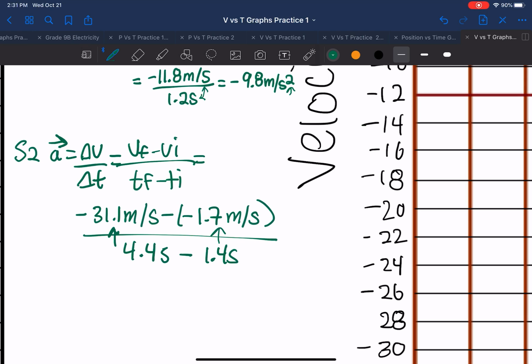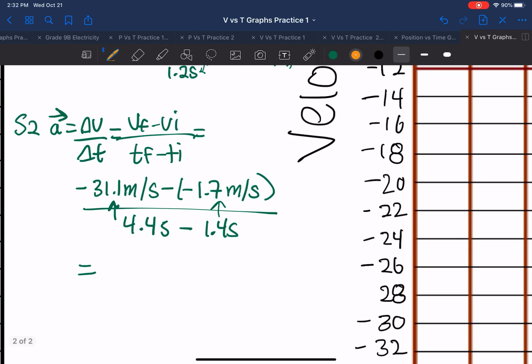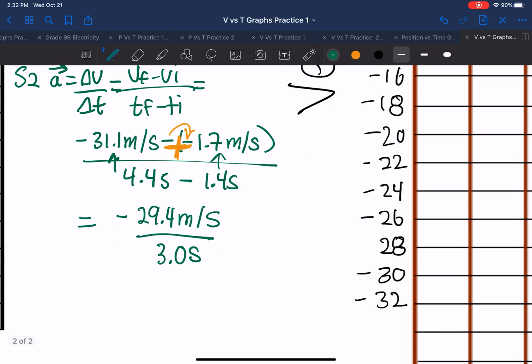Okay, and then once you do all those minuses, watch out for this here. Minus with a negative actually turns into a positive because these two signs multiply each other to make a positive. Therefore, you should get negative 29.4 meters per second over 3.0 seconds. Once you divide that, you get negative 9.8 meters per second squared.